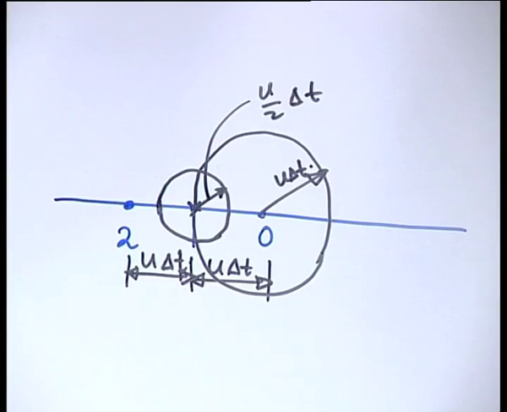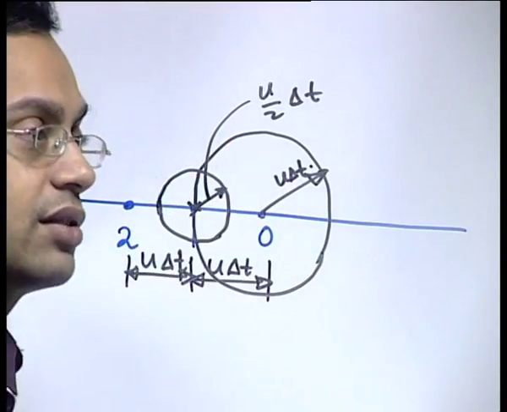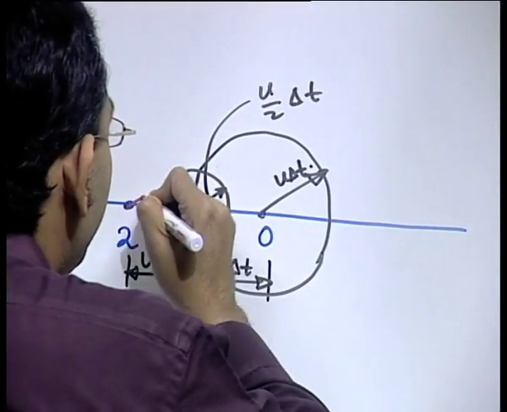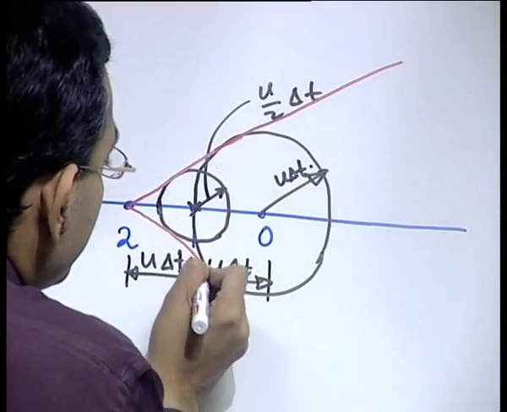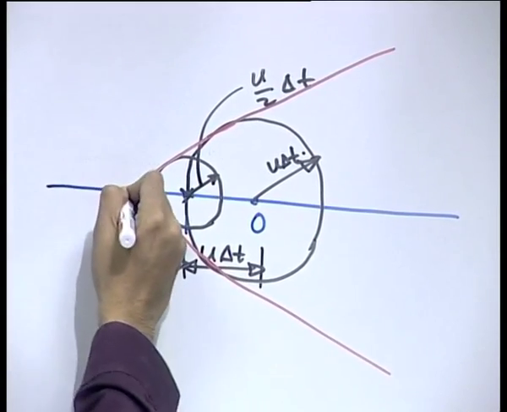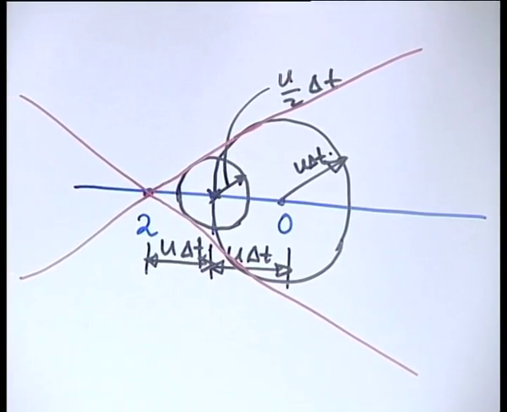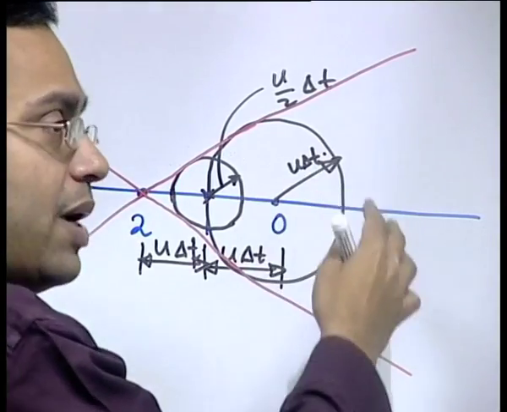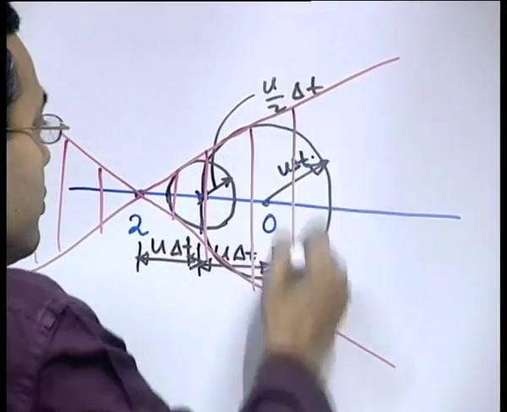In this way it is possible to draw an envelope of these zones of influence, and that envelope will basically come from a common tangent to these circular fronts. Of course, you can extend it on either side. So, physically your domain of dependence and your zone of influence is confined within this envelope.